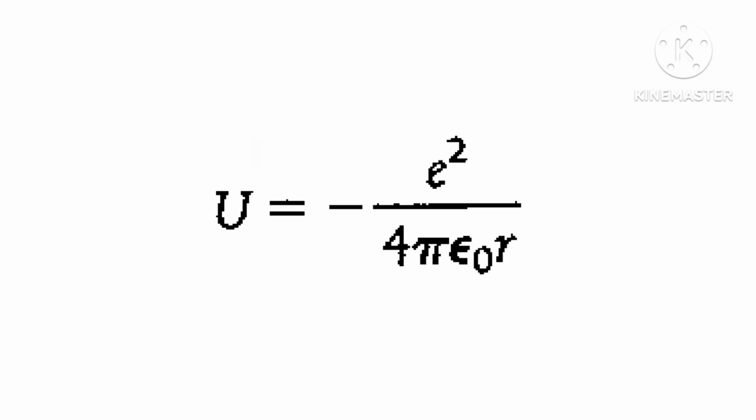The potential energy U of the electron is the electric energy, that is, U equals −e²/(4πε₀r), which can also be written as U = (1/4πε₀)(−e²/r).